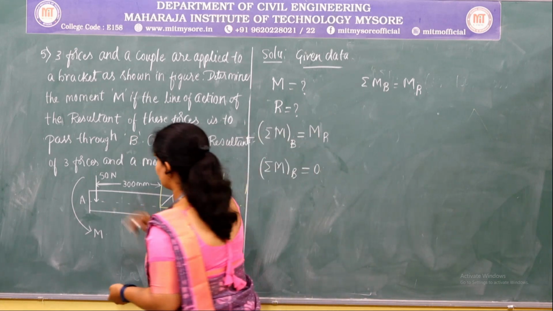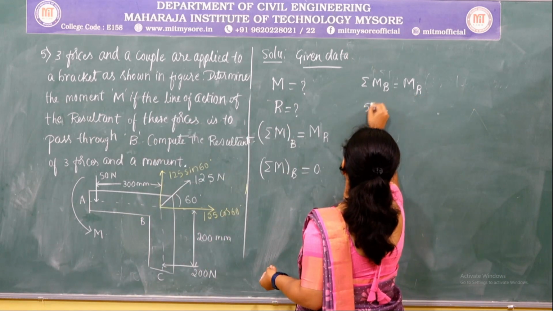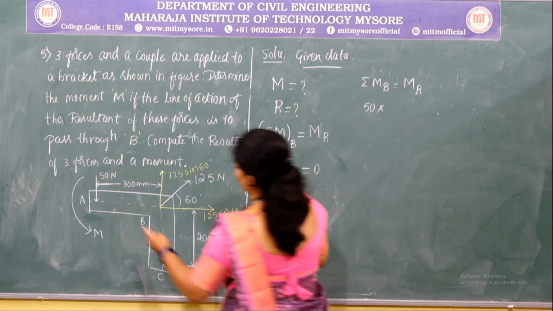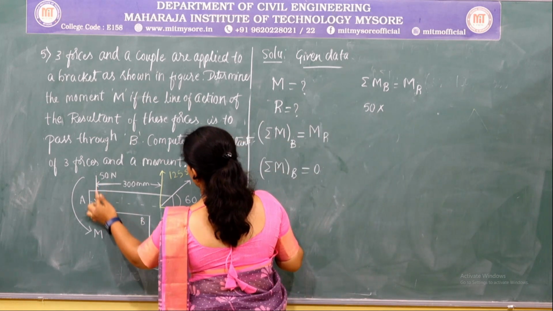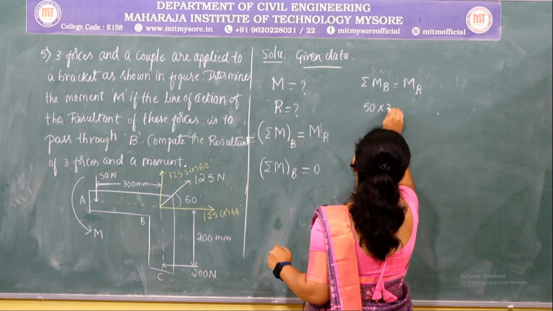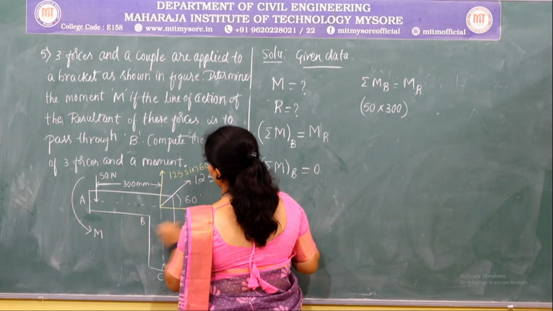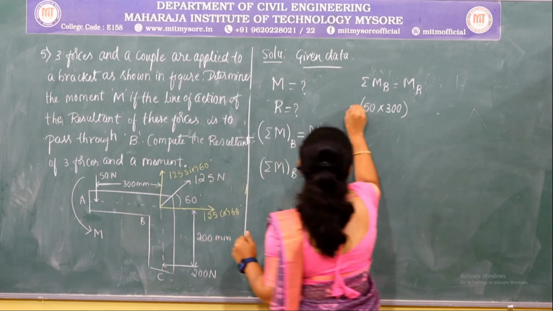Now let us consider at point A there is a force of 50 Newton multiplied by the perpendicular distance between the line of action of the force and the point, given as 300 mm, and this force is producing an anti-clockwise moment about this point.